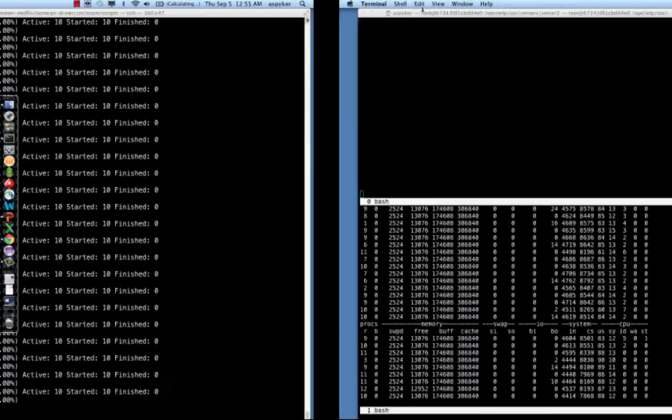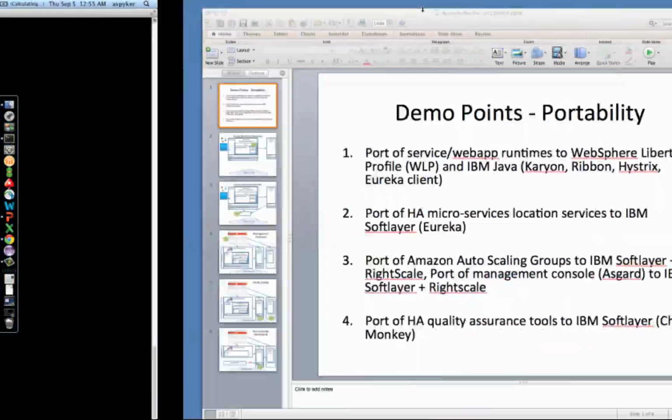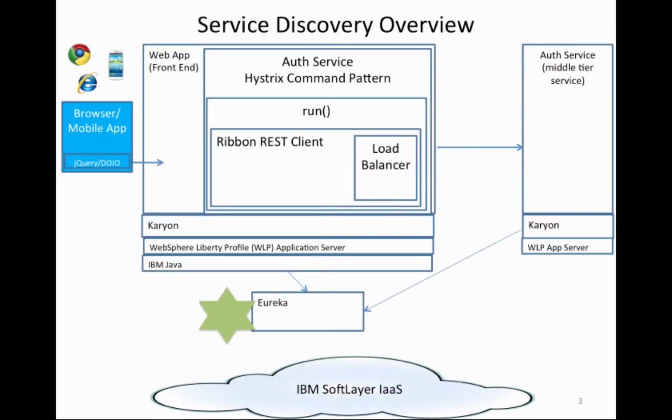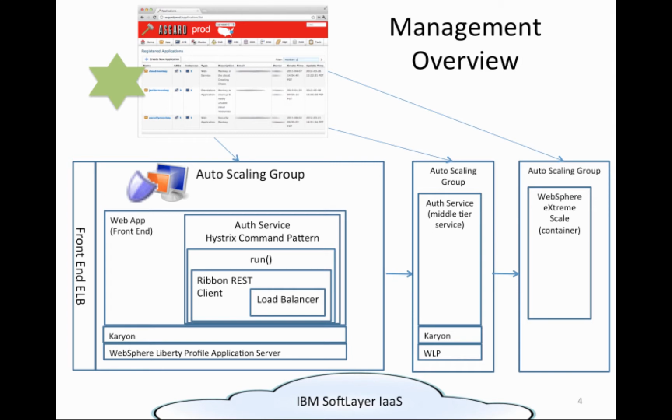So next I'd like to show you how we do HA of the applications and elastic scaling of the applications. But first we'll start with management. So in the Netflix stack, the management console is a program called Asgard, a server called Asgard. And what we start with is the concept of an auto-scaling group.